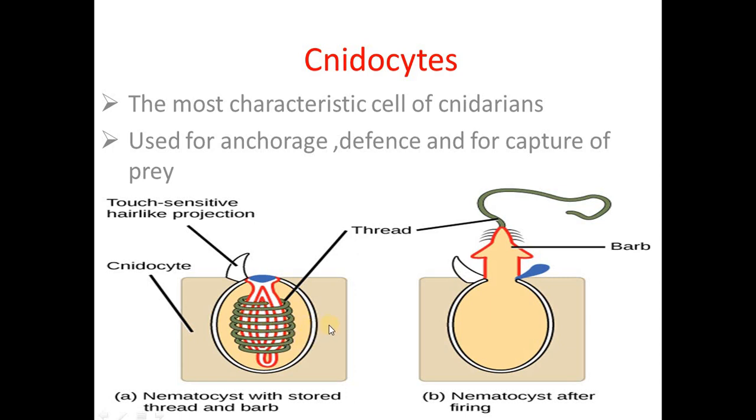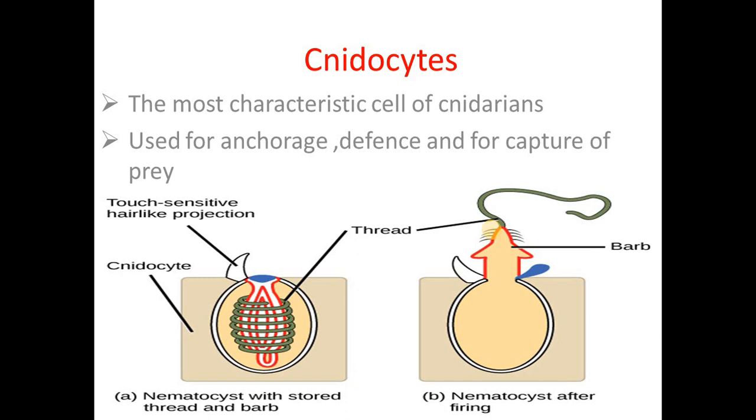This thread tube acts like a piercing needle. The lower end of the thread tube is enlarged to form a butt which bears spines. These spines in some cnidoblasts are meant to hurt the prey.